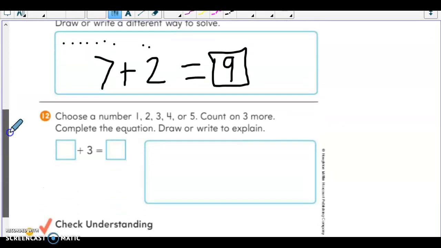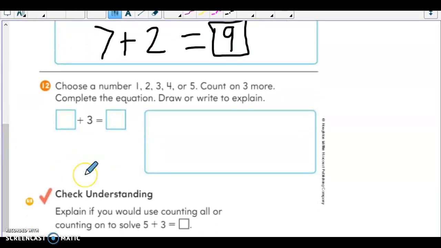Okay? Number 12 says, choose a number, 1, 2, 3, 4, or 5. Count on 3 more, complete the equation, and draw or write to explain. So some of our answers might look different here because you have a choice. For my example, I'm just going to do 3.